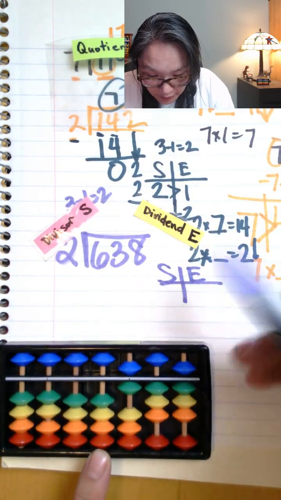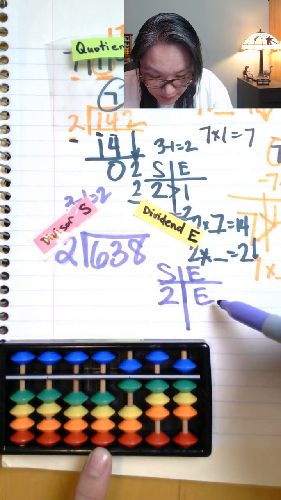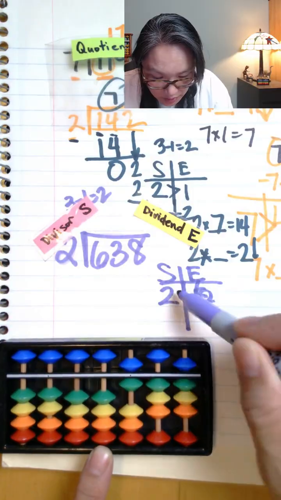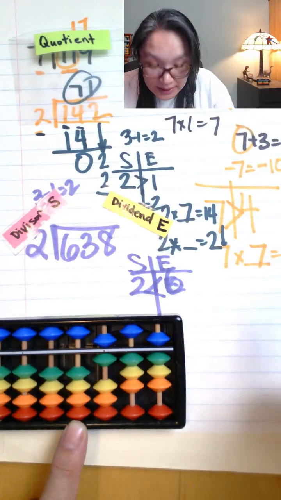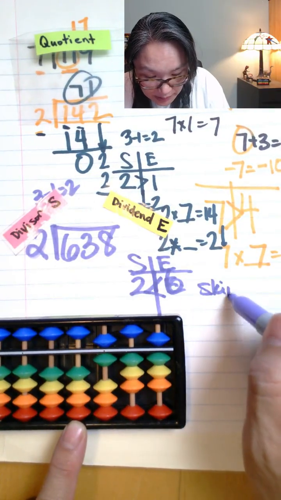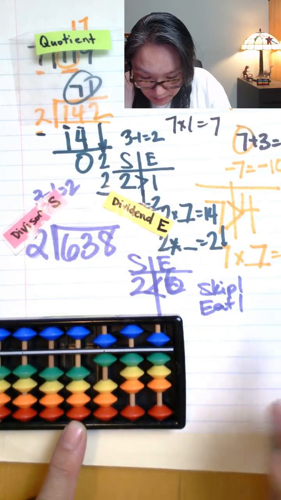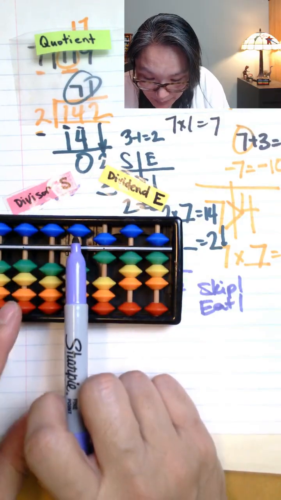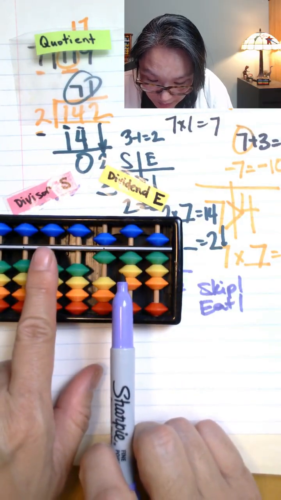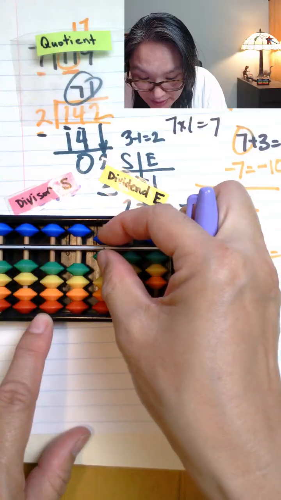Our divisor is 2, our dividend is 6. Because my dividend is bigger, this is where I skip 1, eat 1. I'm going to skip this answer column, and I'm only going to utilize this one column right here.